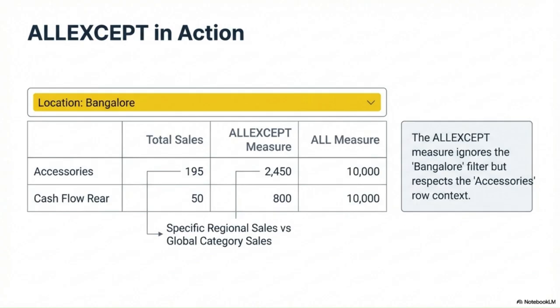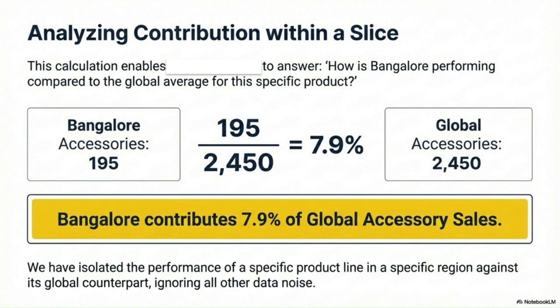Bangalore accessories has 195 but the global has 2450. We can just divide and see the percentage of 7.9%. Bangalore contributes to the global accessory sales.